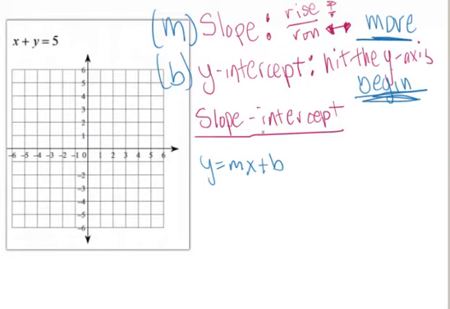Slope-intercept form is basically anything set equal to y, where m again is our slope, and b is our y-intercept. I'll be shorthanding y-intercept with y-int. So this is the foundation of how we're going to graph. Our slope and our y-intercept. How I move, where I begin.